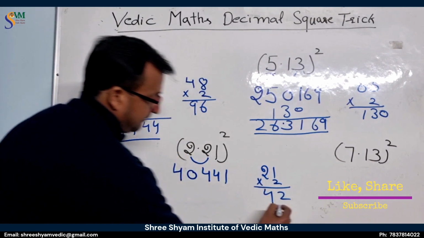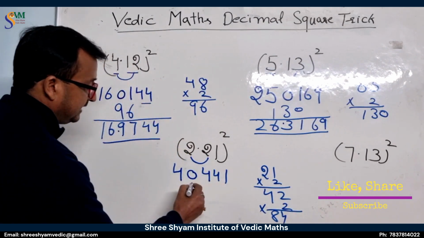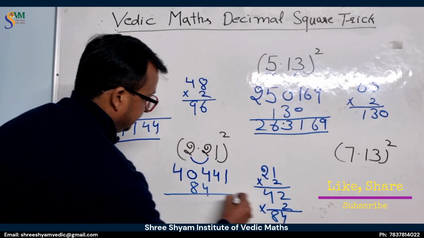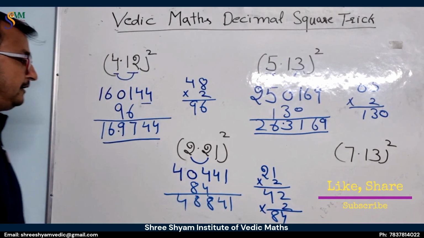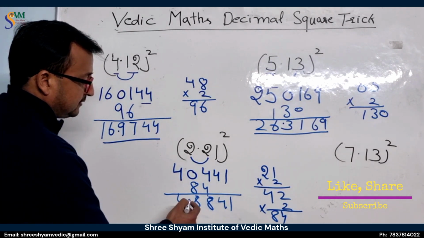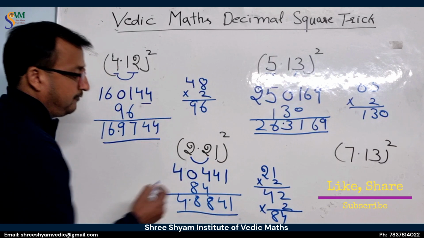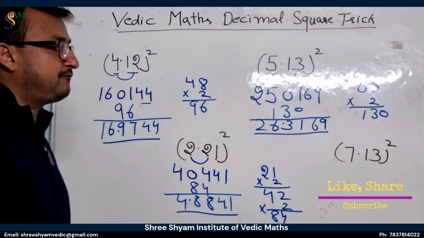Again, we double the number, it is 84. Leaving 2 digits, we write 84. Add it, and we get 4,8841. Now there are 4 digits, so we put the decimal before 4 digits, so it is 4.8841. It's very simple, very easy. You can do this question in one line.